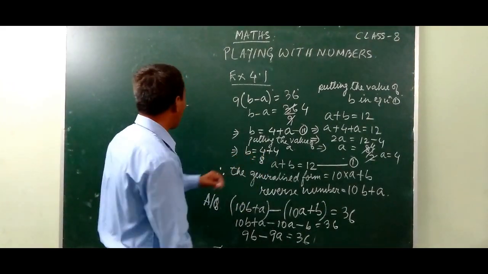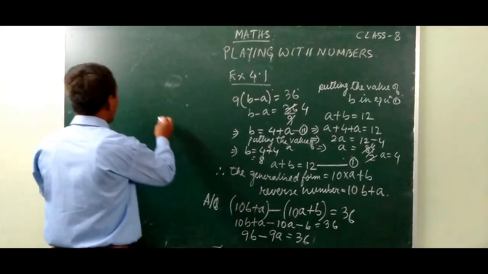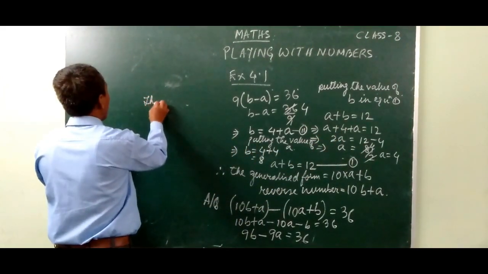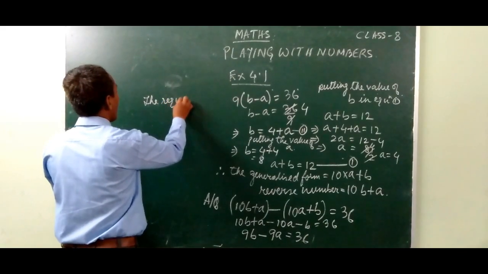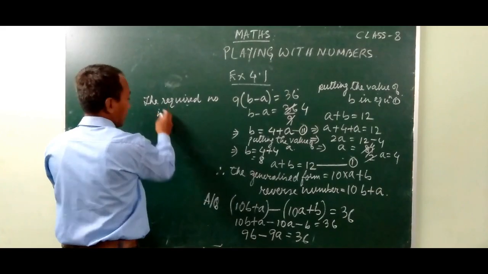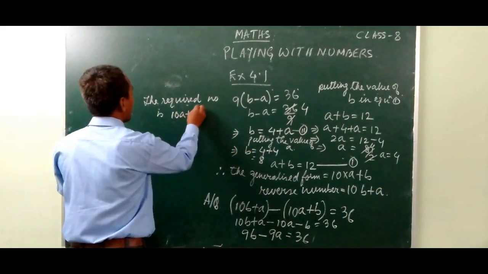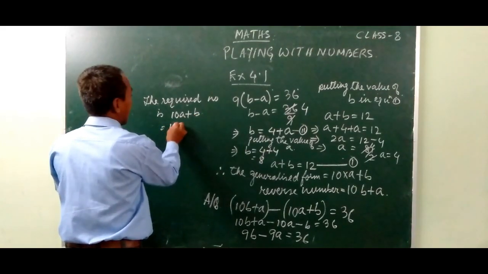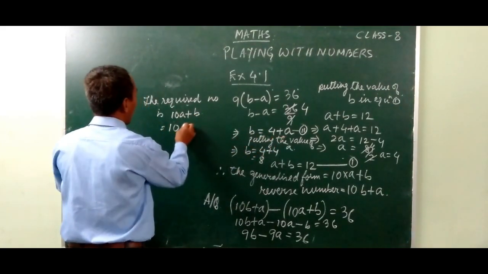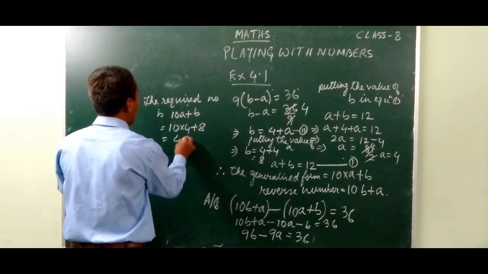So what is the number? B is 8, A is 4. The required number is 10A plus B, that is 10 into 4 plus 8, that is 48.